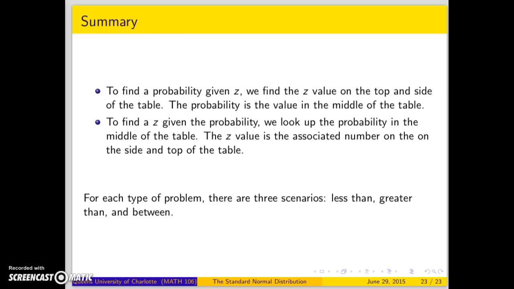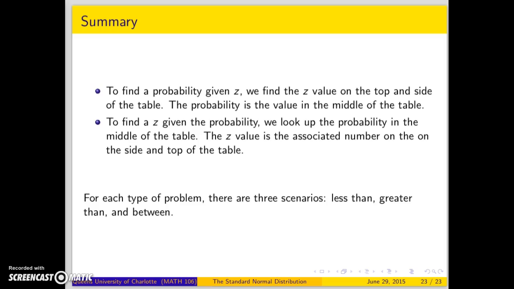Okay, and then in summary, there are two possible problems that you will have for these scenarios. One is that you're asked to find the probability and you're given the z. So you look at the outside of the table, the first row and the first column, to find the given z to get the probability.